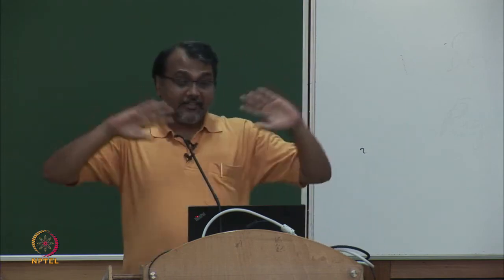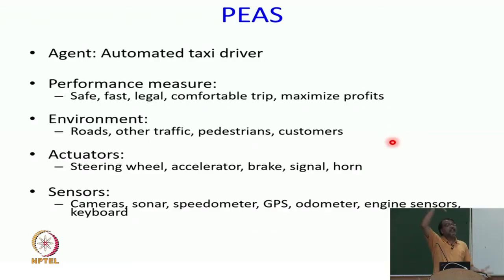The total time taken in the trip, how much it follows the traffic rules, right, and so on. So, exactly, precisely. You can actually list all these things and it is easy to think about the environment, actuators and sensors, but for the performance measure you have to be a little more careful, and you realize that there are many things which are competing. And when there are many performance measures, you have to think about how to combine all of them to define my optimization problem. And there are many ways to do this.